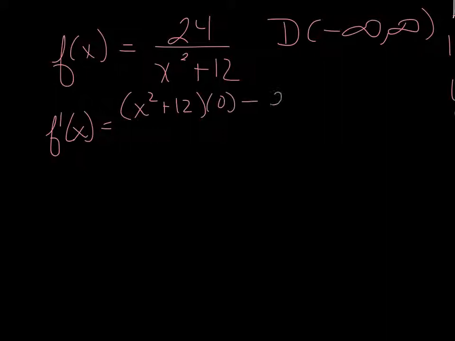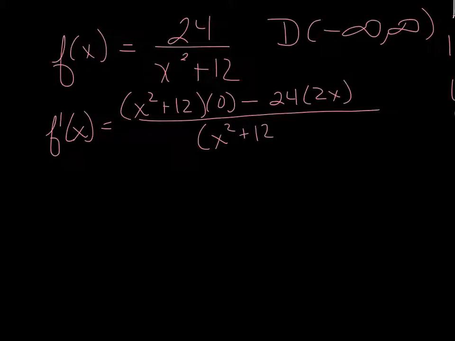Minus the numerator times the derivative of the denominator over the denominator squared. That's not that bad. All right, so this gives us negative 48x over x squared plus 12.